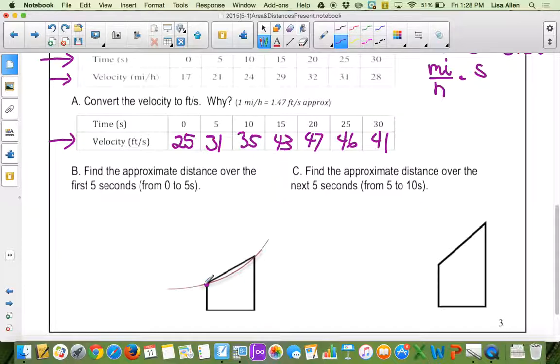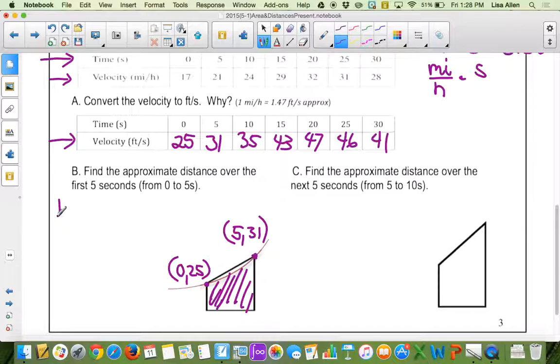So if I find the approximate distance over the first 5 seconds, I'm going to just put the 2 points here. From the first 5 seconds, here's the point (0, 25), and (5, 31). So the area is going to represent the distance. Now notice, this is a trapezoid.